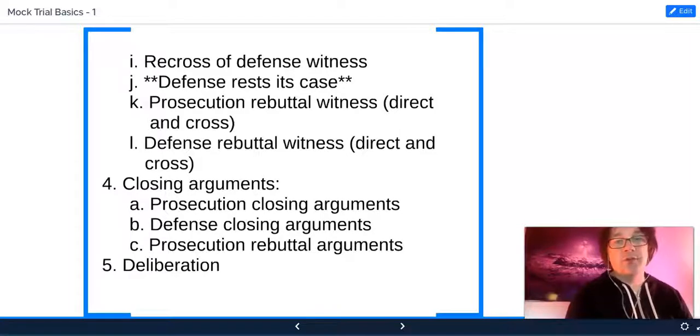All the action moves to the juror room where deliberations are going to take place.